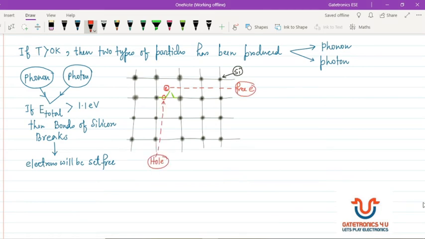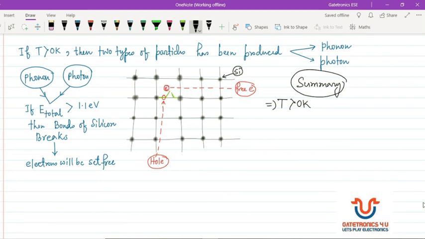In this way, phonon and photon interaction can produce a free electron and a hole by breaking the bond of silicon. It happens only when the total energy of interaction of phonon and photon is greater than the silicon bond energy, that is 1.1 electron volt. In summary, when T is greater than 0 K, within the semiconductor there are four types of particles.